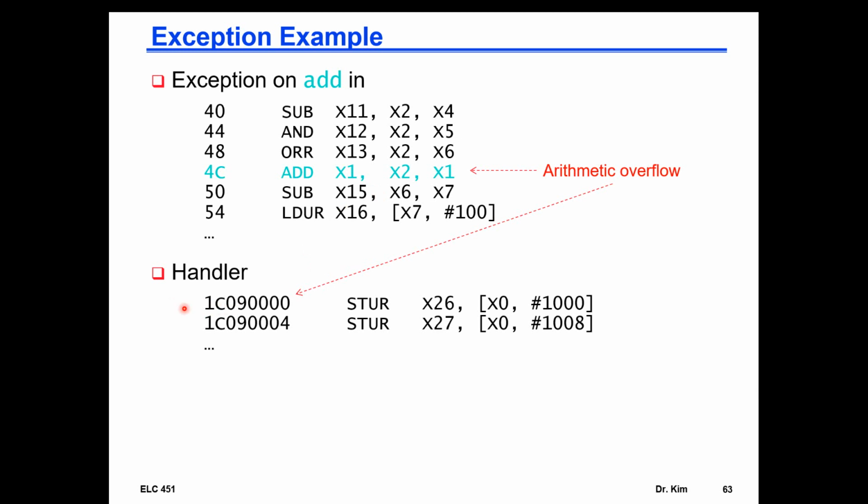So we force this value onto the PC and we start fetching from here, and you can see how the first couple of instructions are stores. So we are storing important registers that we need for the handling of the exception.